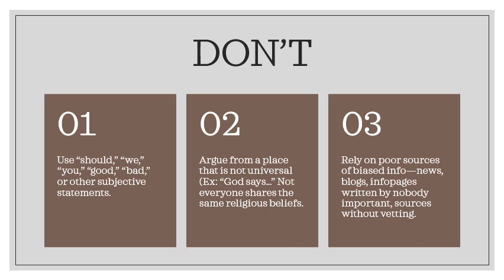Good, bad, those can't be used. None of that. Number two, we can't argue from a place that is not universal. I used this before, but if you say, well, God says this, not everyone shares the same religious beliefs. So we can't use that because we have to come from a place of generalizability, universality.